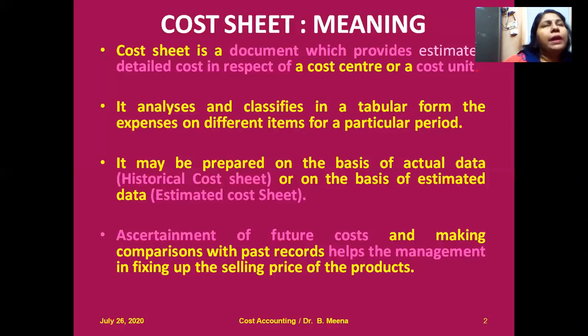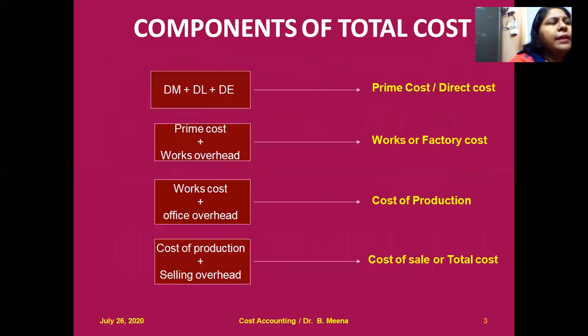Say for example, I estimated the total cost of the production may be 10,000, but the total cost incurred actually is 12,000. So the excess amount I incurred is 2,000. Then I should analyze why there is a variation, why there is a deviation between the estimation as well as the actual. That helps the management in fixing up the selling price of the product. So you come to know in this slide what is cost sheet.